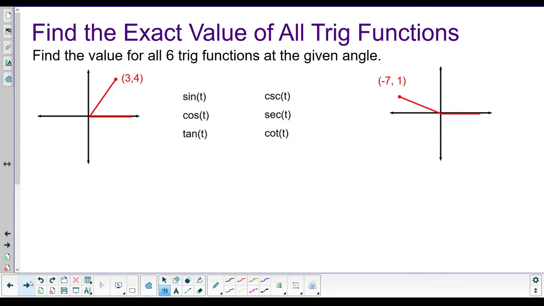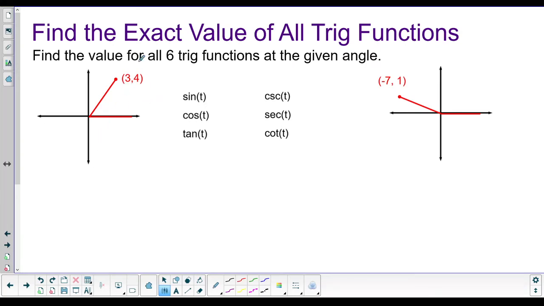All right, let's talk about finding the exact value of some trig ratios. I believe this was the 4th lesson in the unit. Basically what they're going to do is give you an angle, not necessarily on the unit circle. Because these are bigger than 1, the unit circle probably looks more like that. So we want to be able to find any of these 6 trig ratios for these angles.